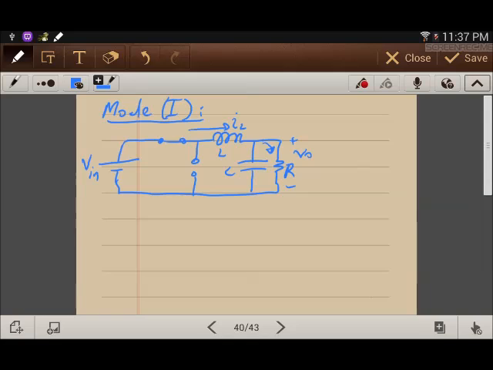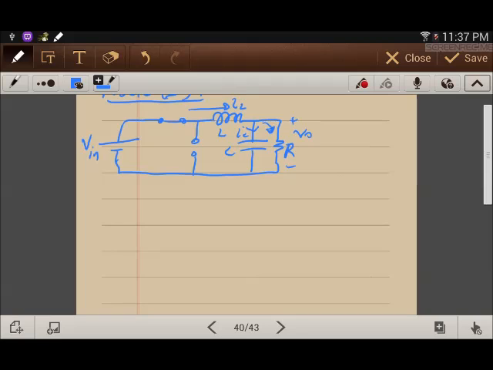So the current flowing through the inductor will start to charge the inductor and the capacitor and supply the load current.